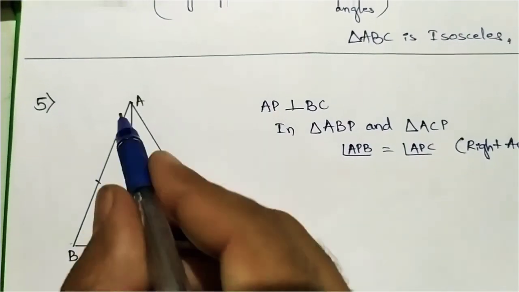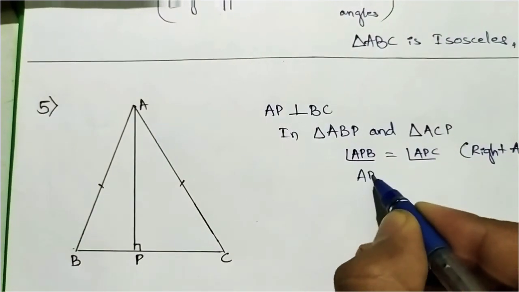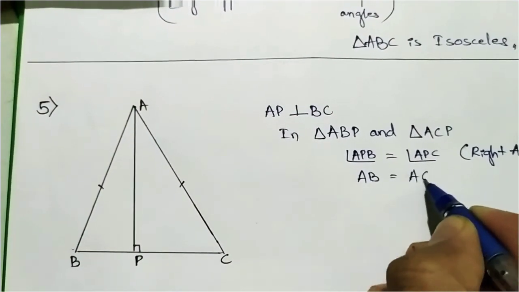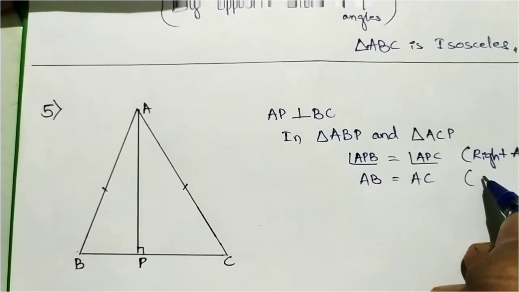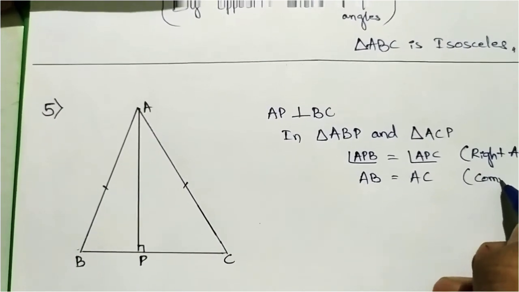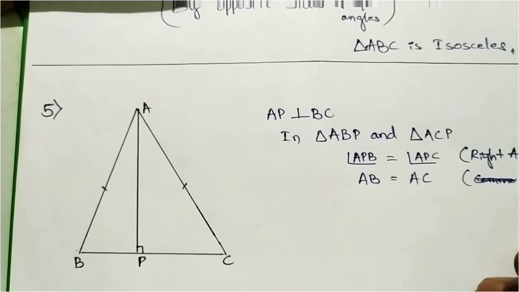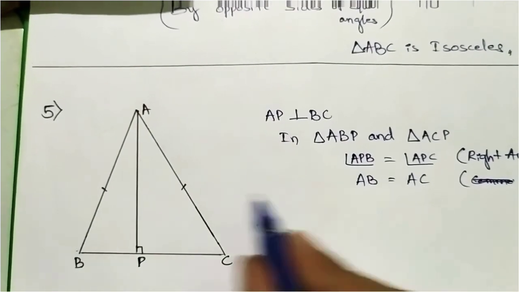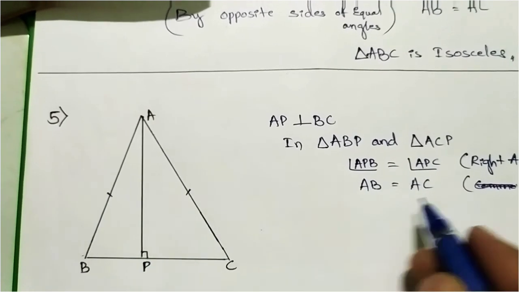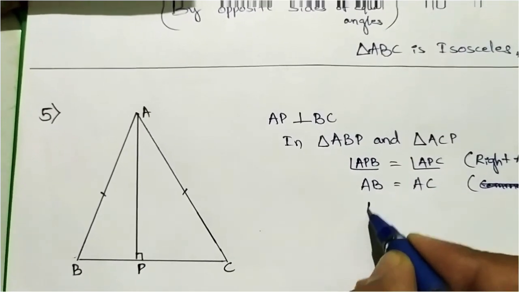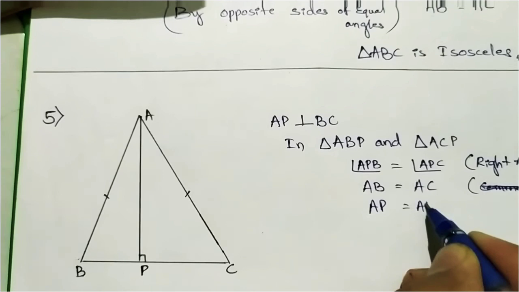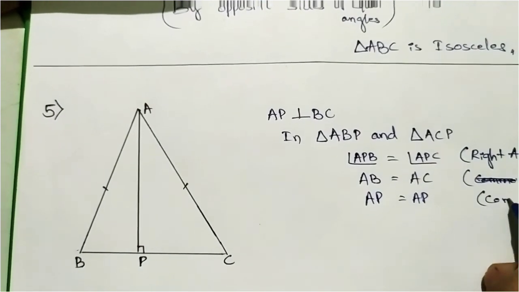Okay, next AB equal to AC, it is given, which we take as the hypotenuse. Next, AP is common. AP equal to AP, common.